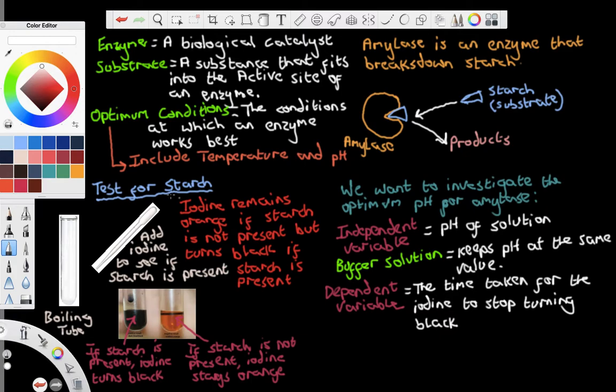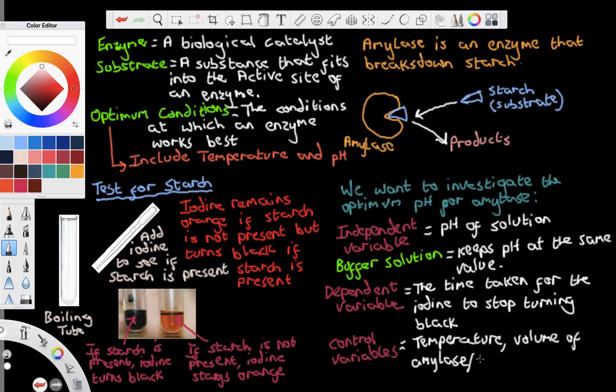Our control variables, which are the things we keep the same, are going to be the temperature, the volume of enzyme, so the volume of, not enzyme, we'll put amylase, the volume of amylase, starch, or iodine.